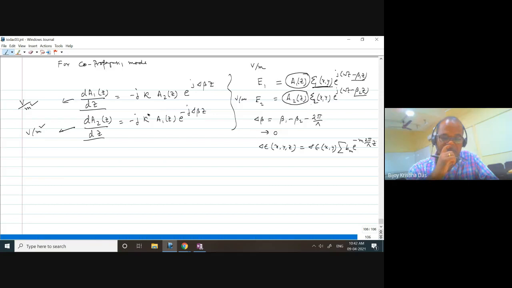A periodic perturbation is there. So if it is a waveguide and some periodic perturbation is there, then the power exchange or amplitude coupling between these two modes can be defined by these two equations. You need to solve these to find A1z and A2z. At any z position you can find the amplitude, and you can associate it to the power carried by the mode at that position.